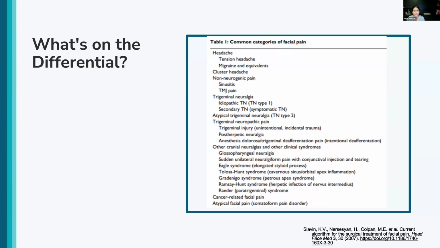Certainly our common headache disorders like migraine and tension-type headache can have radiating pain into the face as well. And then, is there any non-neurogenic pain condition that comes up? So these are the different things that I'm thinking about, and I'm hoping the information I'm getting in my history and physical exam is helping to narrow down this differential list.